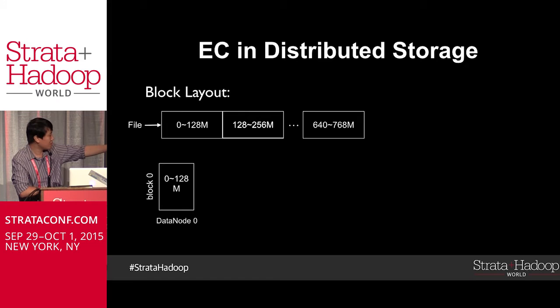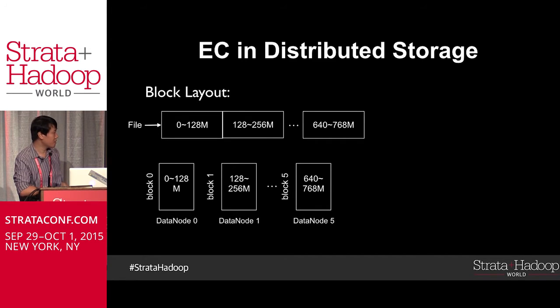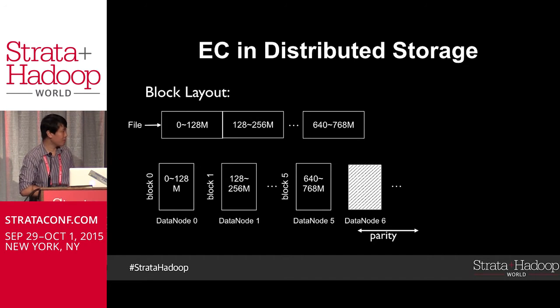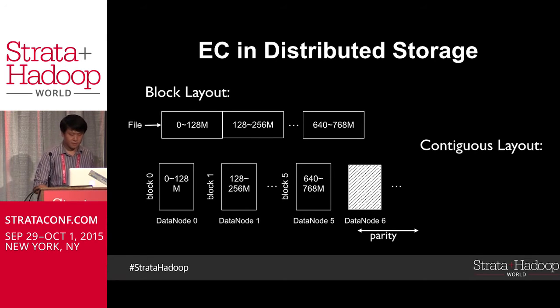So the first logical block becomes the first storage block on the first data node or storage server. The second one, and so on and so forth. And after creating a full stripe of storage blocks, we generate parity blocks. Some storage systems use this layout, including the current HDFS.